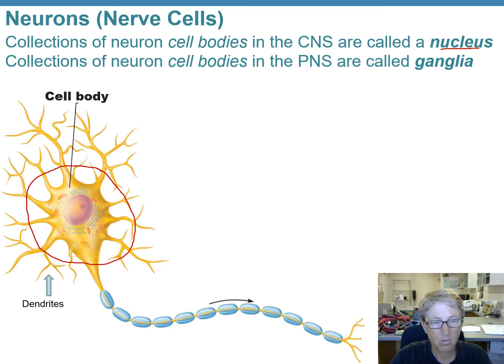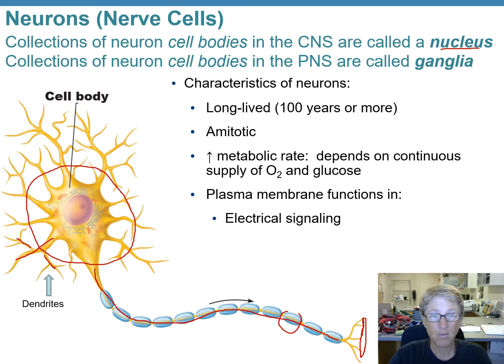So, like I said, this is the cell body. These projections off of the cell body are dendrites. And then here's our axon, and it's got the blue wrapping around it. That's myelination. Here's the axon terminals. You guys probably remember from muscles, that's where the neuromuscular junction lives.